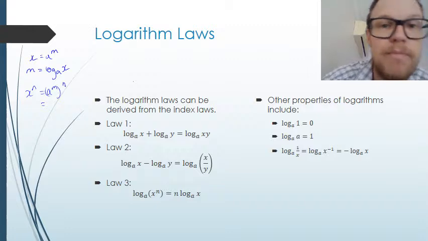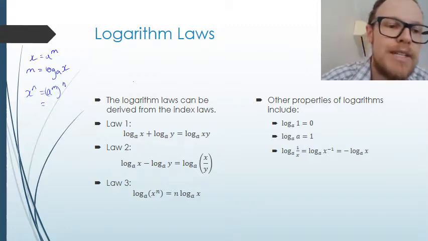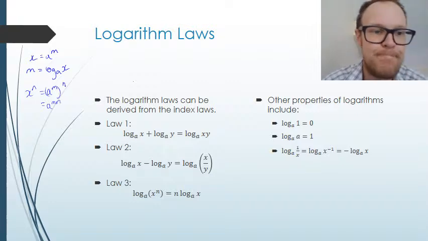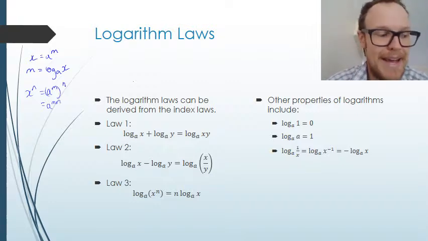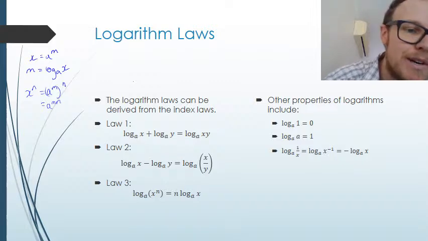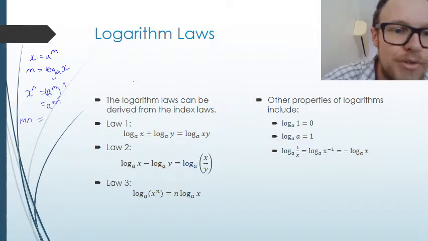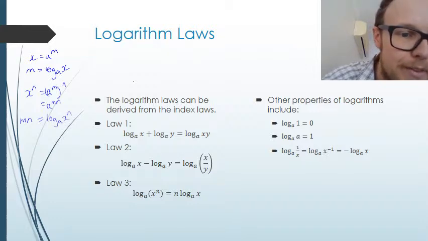And we know from the third index law that this is the same as a to the power of m times n. So if I rework that using the log laws, I get that m times n is equal to log to the base a of x to the power of n.